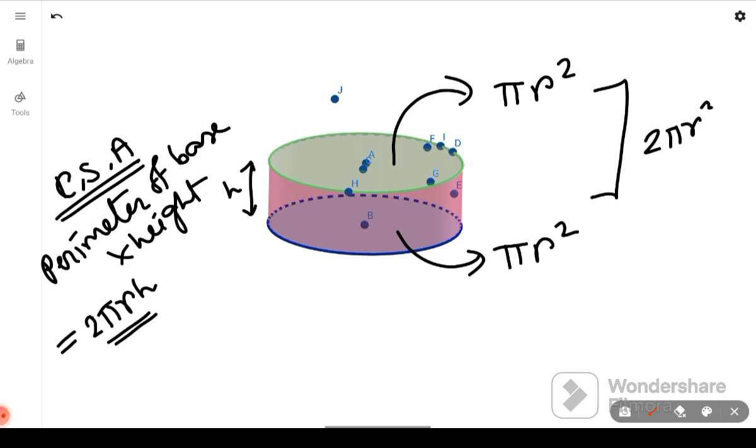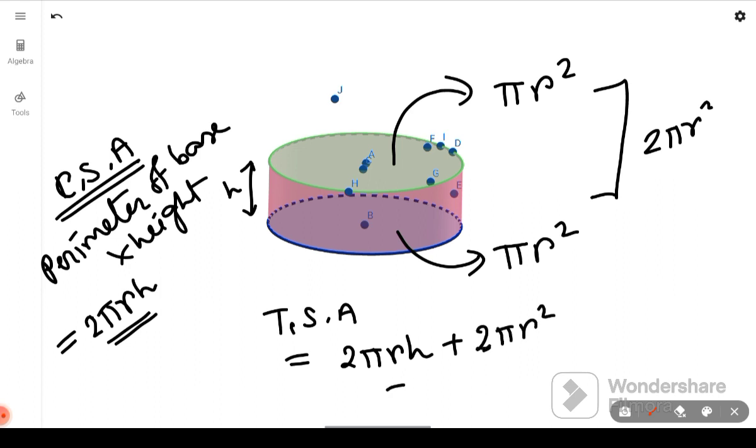Now tell me, total surface area will be what? Total surface area will be 2 pi r h, that is curved surface area, plus 2 pi r square. If you take 2 pi r common, 2 pi r into h plus r. Okay, so this is the total surface area of a cylinder.